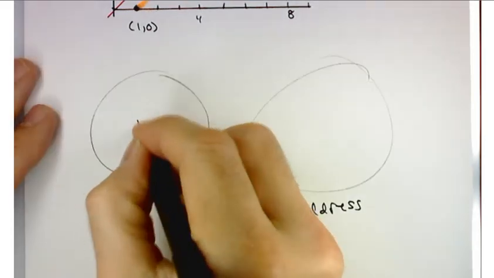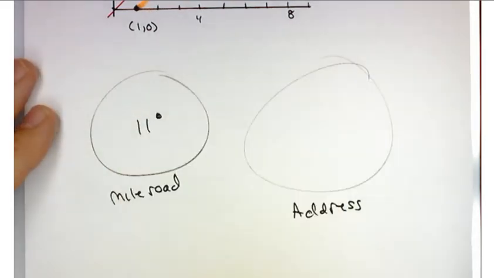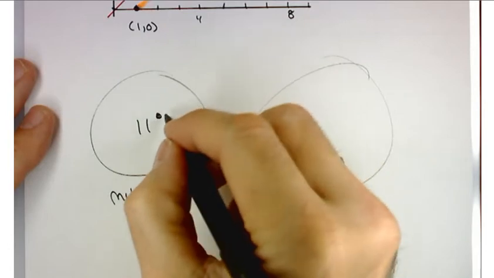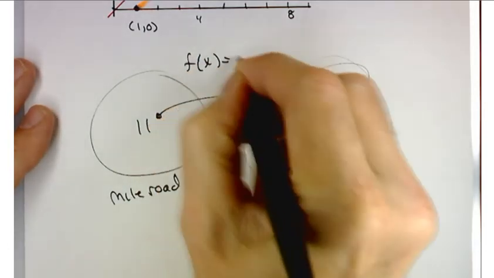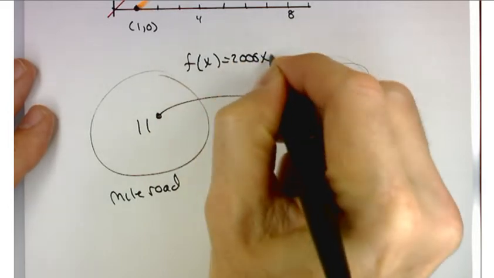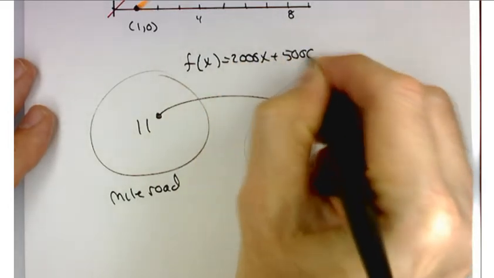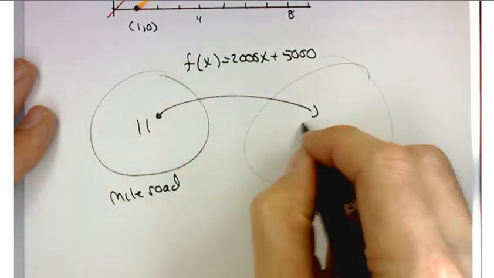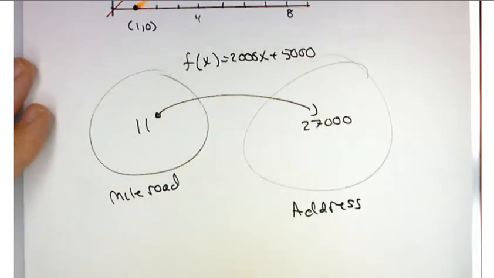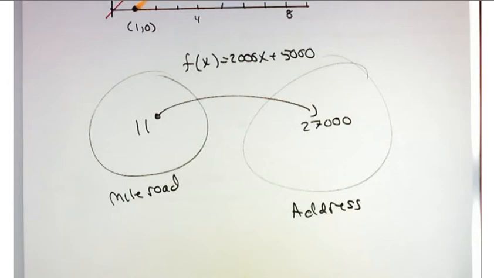So if you're at 11 Mile, then there's this nice function, call it f of x equals 2,000x plus 5,000. So 2,000 times 11 plus 5,000 gives you 27,000. And that's the address right there at the corner.